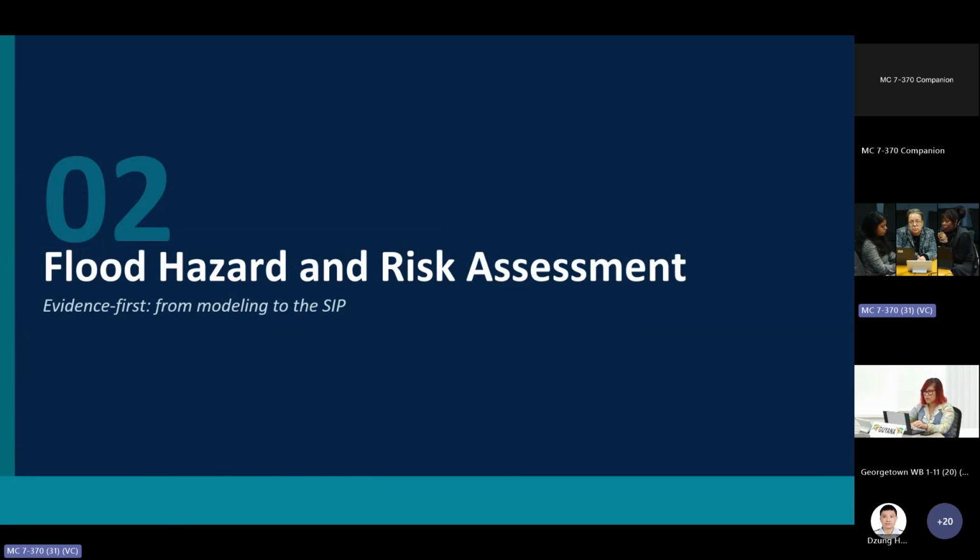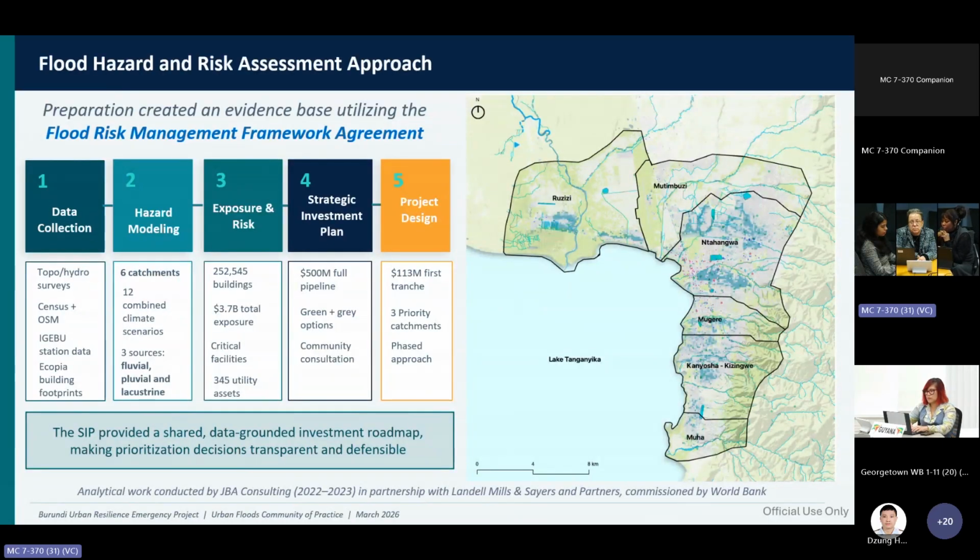So by that stage, the analytical work that had already been completed and agreed with the government included a flood risk assessment, which was done under the flood risk management framework agreement that Anna mentioned in her presentation. So at the start of preparation, there was essentially no flood risk evidence base for Bujumbura, and this framework contract carried out by JBA and partners between 2022 and 2023 essentially filled that gap.